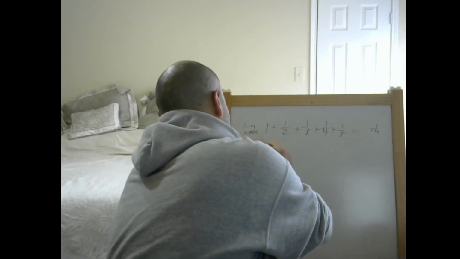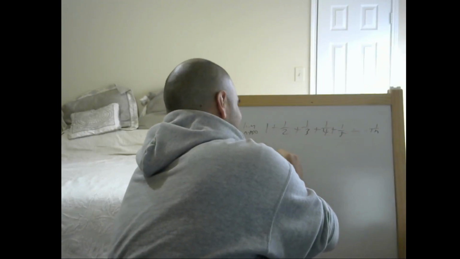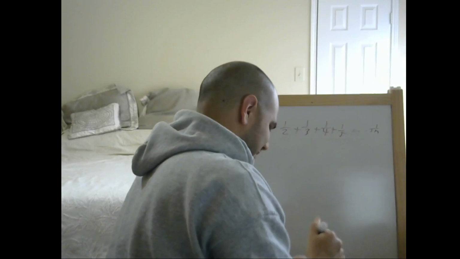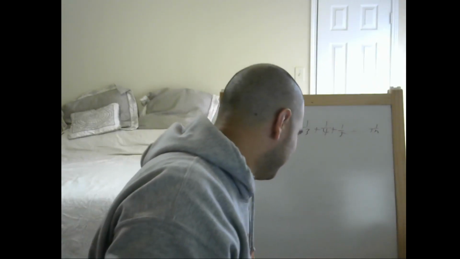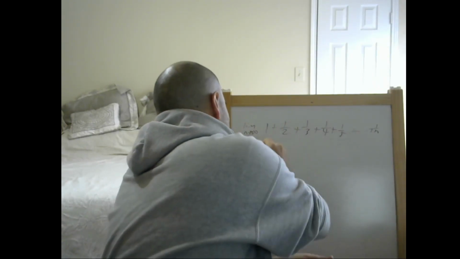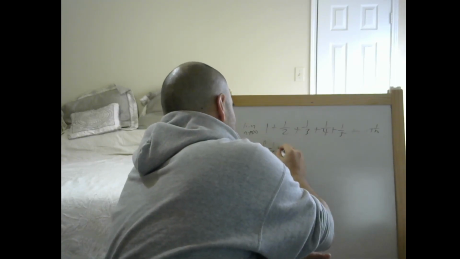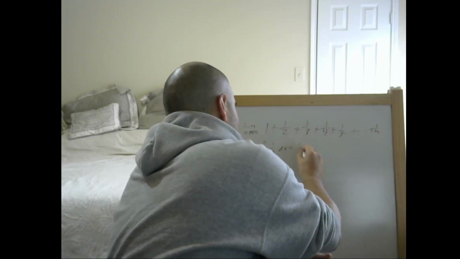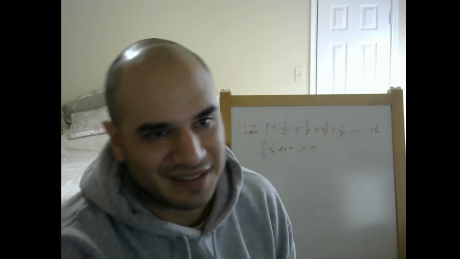And the answer is that it doesn't ever stop. It grows on forever. I believe the antiderivative of 1 over x is the natural log of x, and that does go to infinity really slowly, but it goes to infinity.